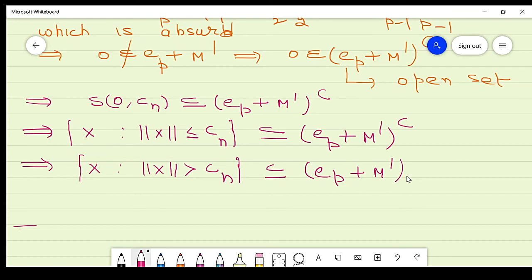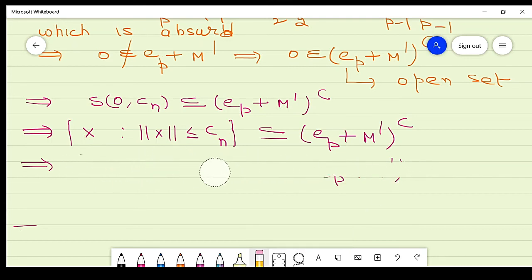Clear? So this satisfies this condition for these values. Here I made a mistake, so just correct it first. Now this set is a subset of this, then its complement is in the reverse part.